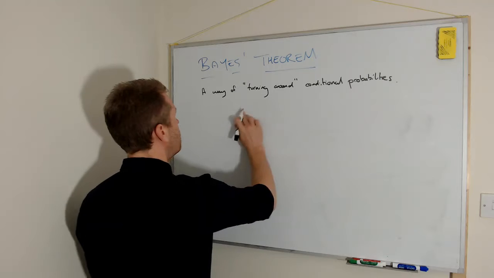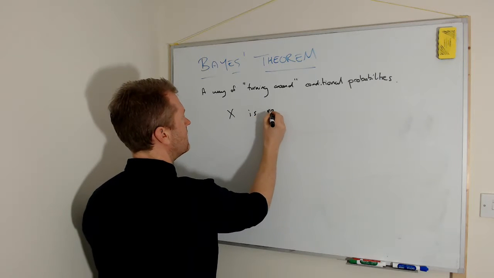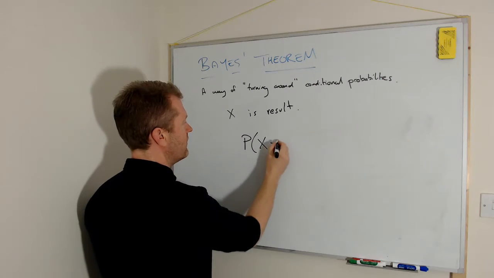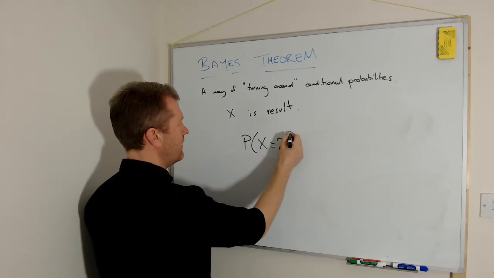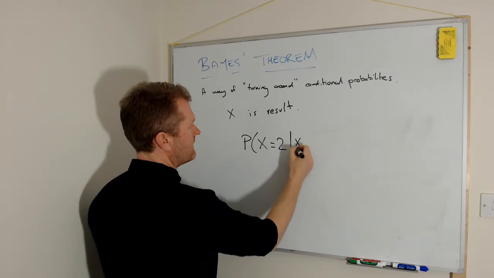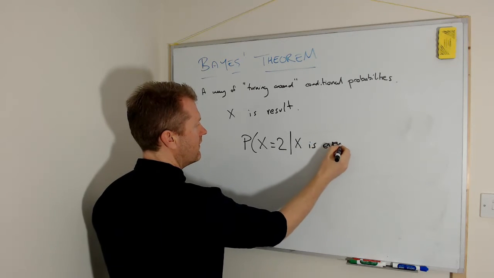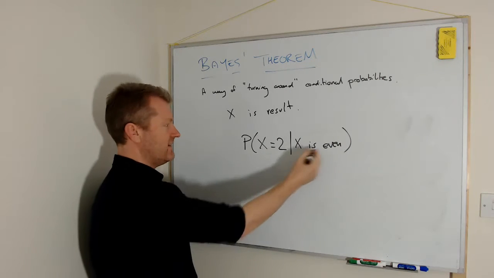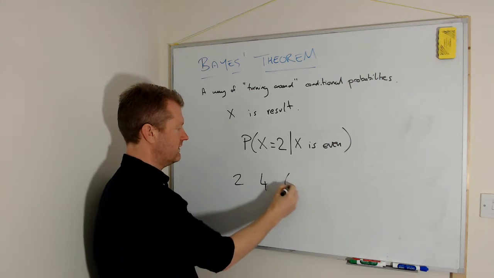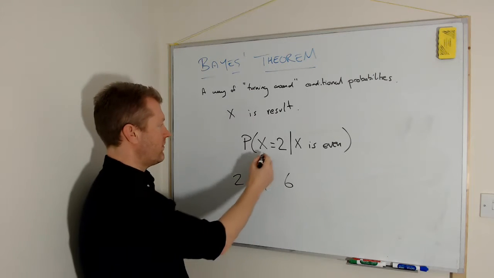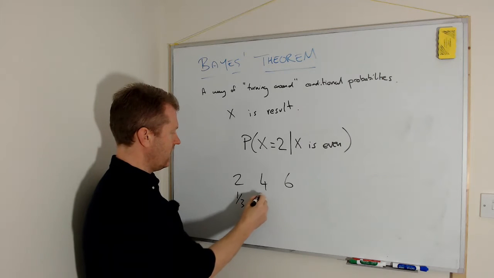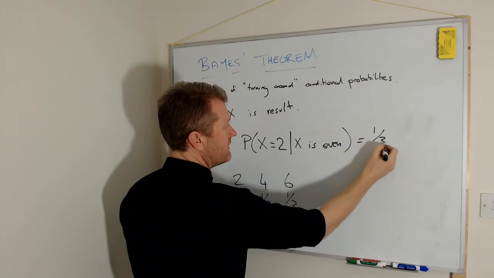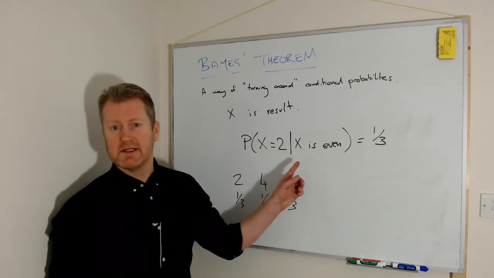If x is the result of the dice roll, we're asking what is the probability that x equals 2, given that x is even. If x is even, it's either 2, 4 or 6. It's a standard dice, so these are all equally likely. Therefore the answer is a third.